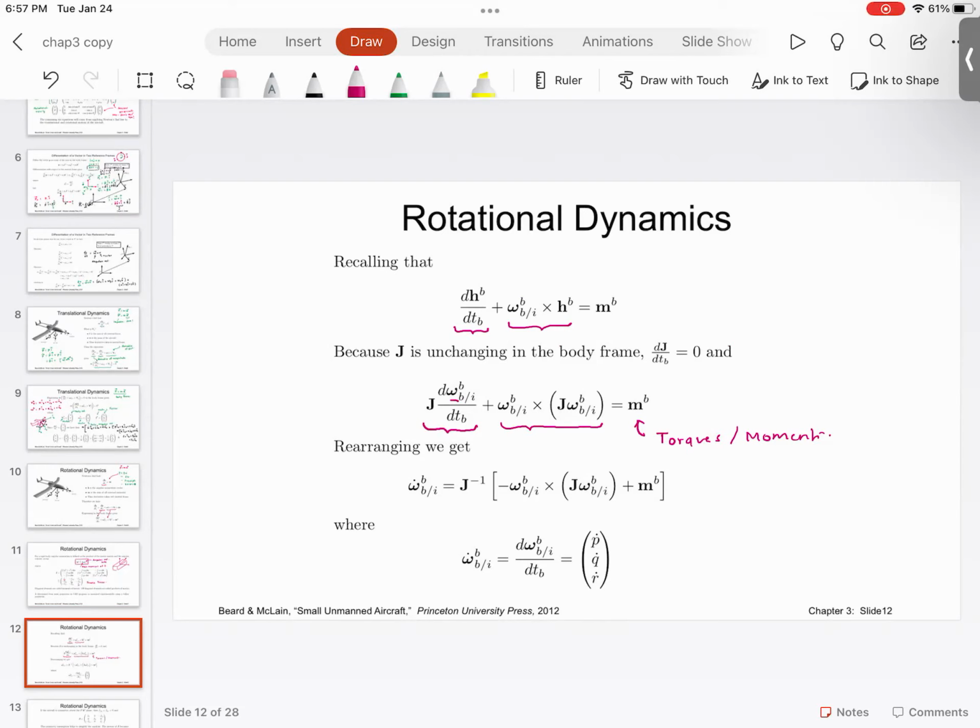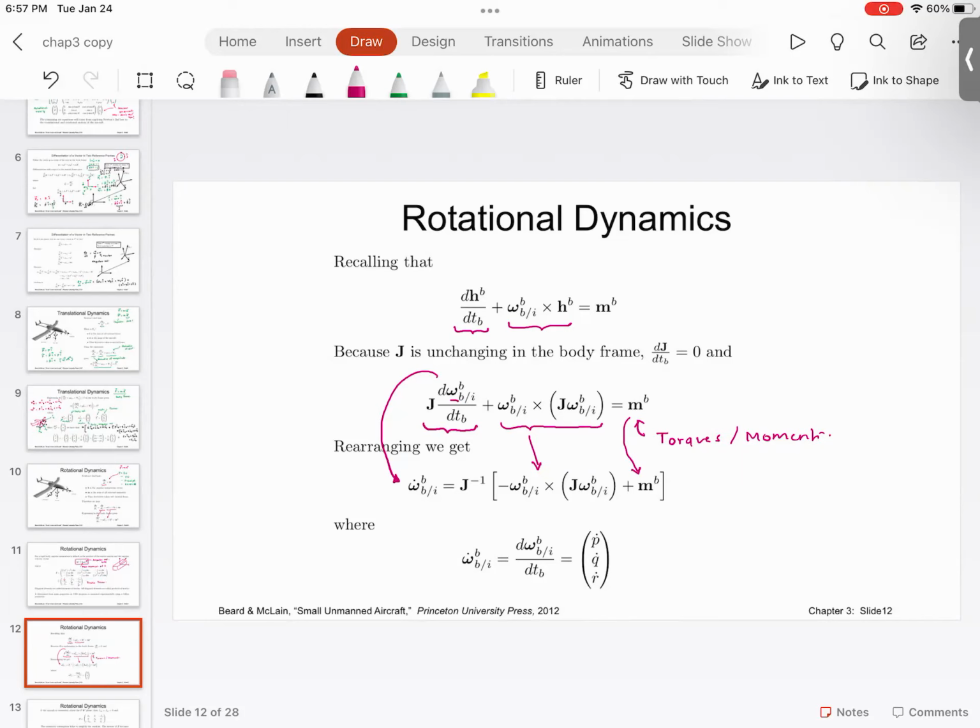And what I'm doing is I'm trying to get this derivative here. So please note this MB, the torques stay over here, and this guy becomes negative, and then I take the J inverse, which is the inertia matrix inverse, and multiply it on the left and right hand side. So please understand what has happened here. MB are the external moments or torques.